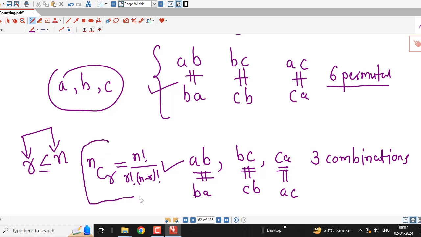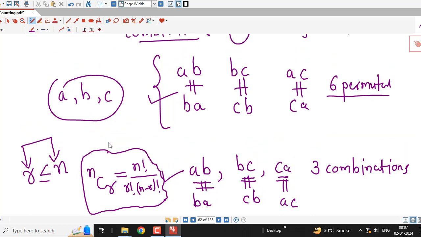This is the formula for the number of combinations of n objects taken r at a time, the number of ways in which we can arrange r objects out of n objects when order does not matter. I hope you are now familiar with both concepts.